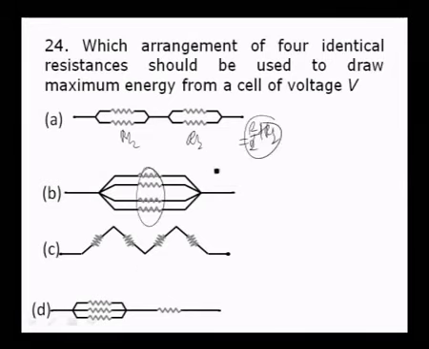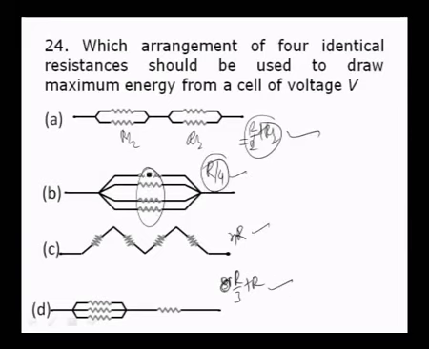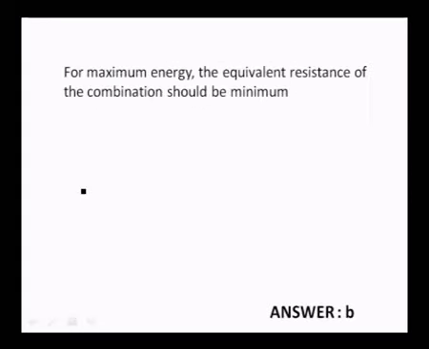This is equal to R by 4, this is equal to 4R, this is equal to R by 3 plus R. Among these 1, 2, 3, 4, this is the lowest value of the resistance. When all the resistors are connected in parallel, the effective resistance is low. Therefore, because the condition itself is maximum energy, the equivalent resistance of the combination should be minimum. So the correct option is B, all the resistors are connected in parallel.